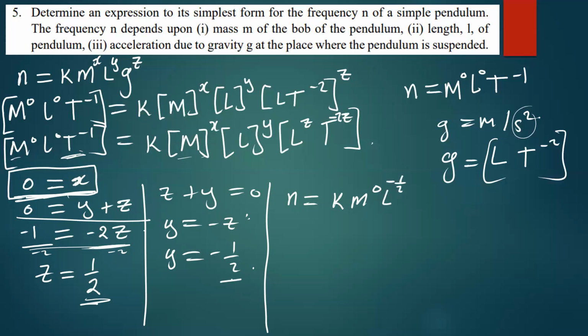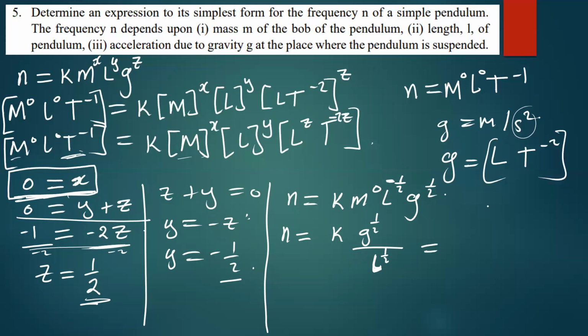Then the power of g is z, which is 1/2. Okay, so we can just rewrite the formula properly. We have n is equal to k, g to the power half, and because of the negative on the L, we can take it down, so we have L to the power half as well.